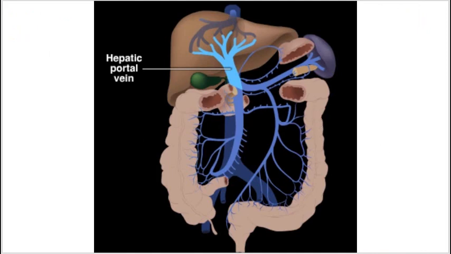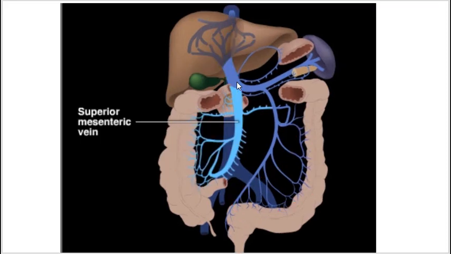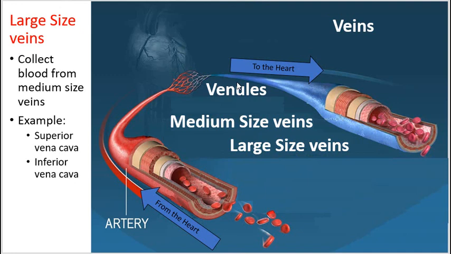This picture shows you how the mesenteric blood vessels are connected to the intestine, and then they deliver it up there.